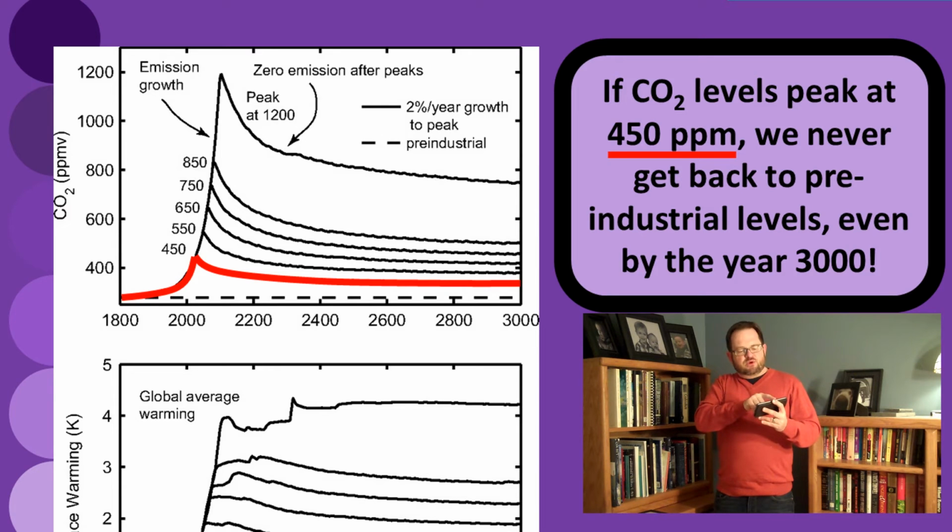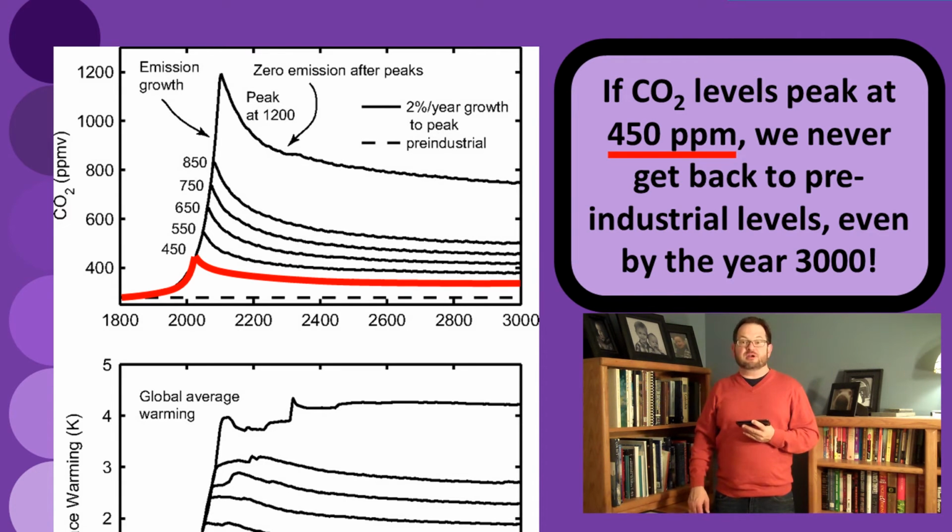Well, look what happens. We start going down quickly at first, as photosynthesis is able to take up a bunch of carbon dioxide. But you know what? If you get the carbon dioxide concentration up to 450 parts per million, even way out at the year 3000, we still haven't returned all the way to pre-industrial carbon dioxide levels.